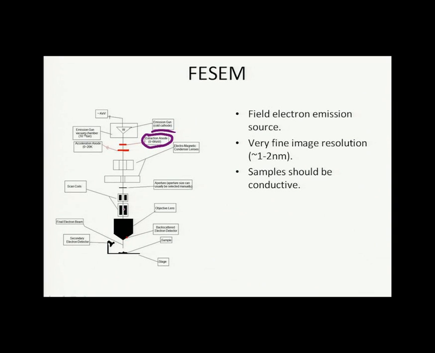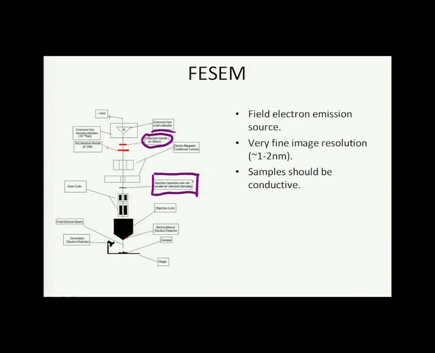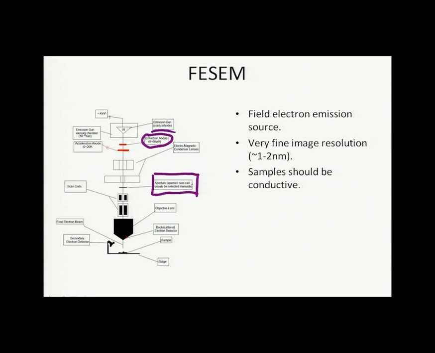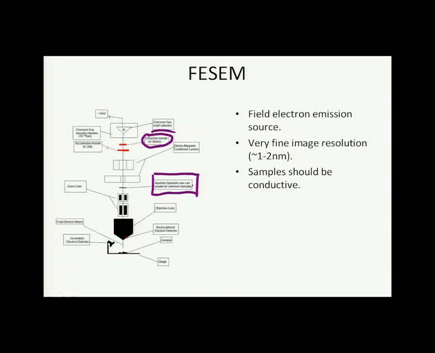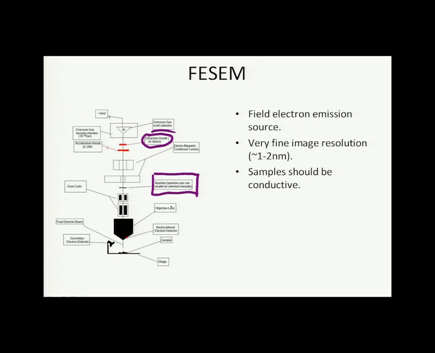We have an accelerating anode, condenser lenses, an aperture, which I don't believe we mentioned before, is basically like a small disc with micron-sized holes, and that's used to change how much of the electron beam we allow to pass down further through the column. Then we have scanning coils, an objective lens which will focus, and then multiple detectors like a backscattered electron detector, a secondary electron detector, our sample and our stage which holds the sample and grounds it.